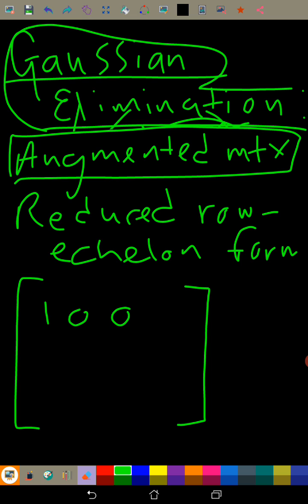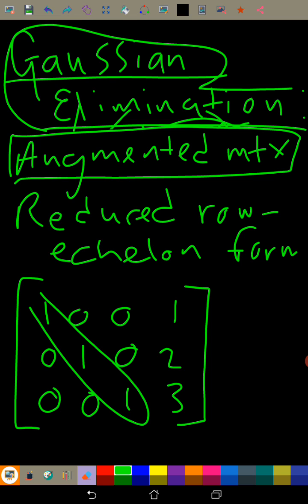1 0 0 1, 0 1 0 2, 0 0 1 3. This is not binary, but sounds like binary. But binary cannot have 2 and 3. So what you have to know is this: under the 1 there is a 0 here and 0 here, and under this 1 there is 0 here.